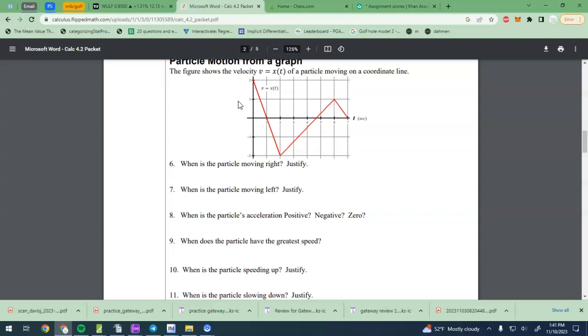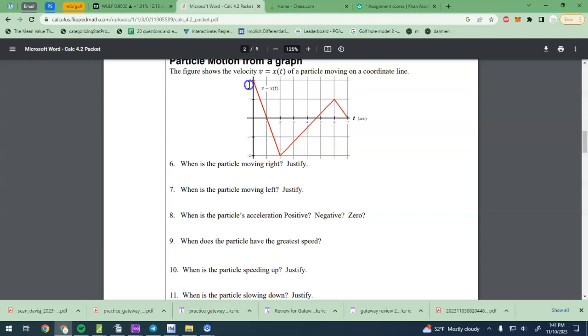Does anybody disagree? In the window between 0 and 1, is this particle moving forward or backwards? If the velocity is positive, are we moving forward or backwards? Forward. If the velocity is negative, we're moving backwards. That makes sense, right?